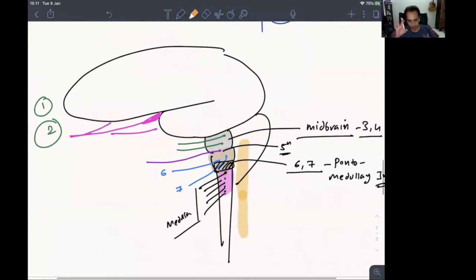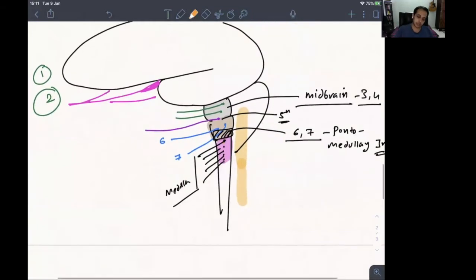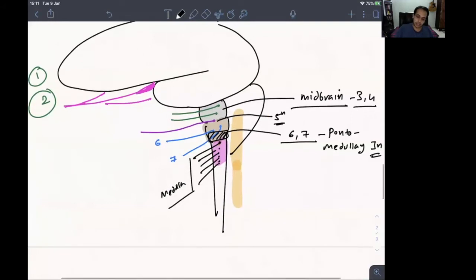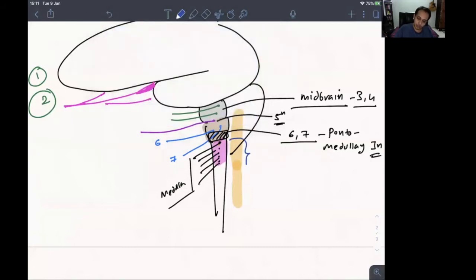Now, right from this point, you can guess why this is important. So, for example, if there is a medullary lesion, then we are automatically thinking about lesions involving your lower cranial nerves.